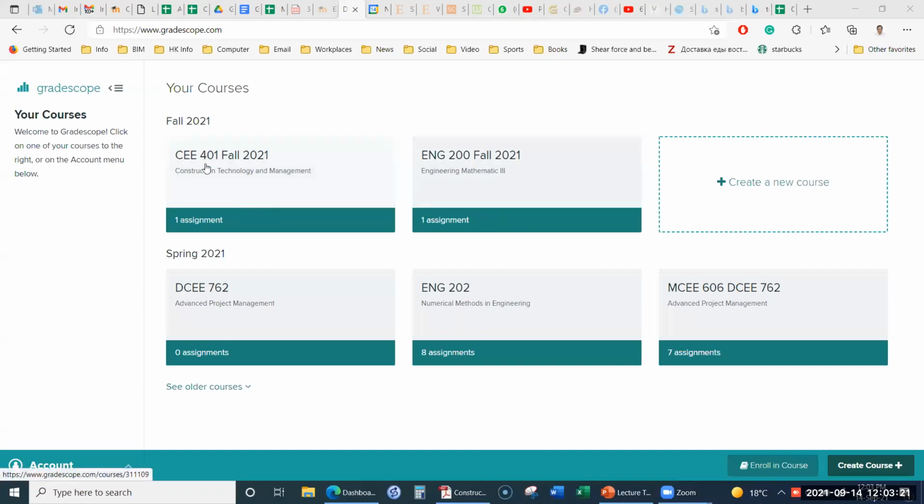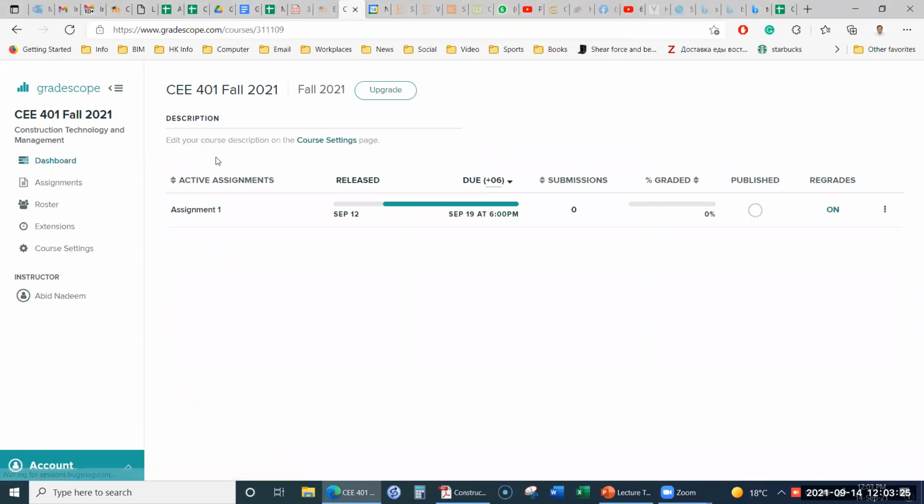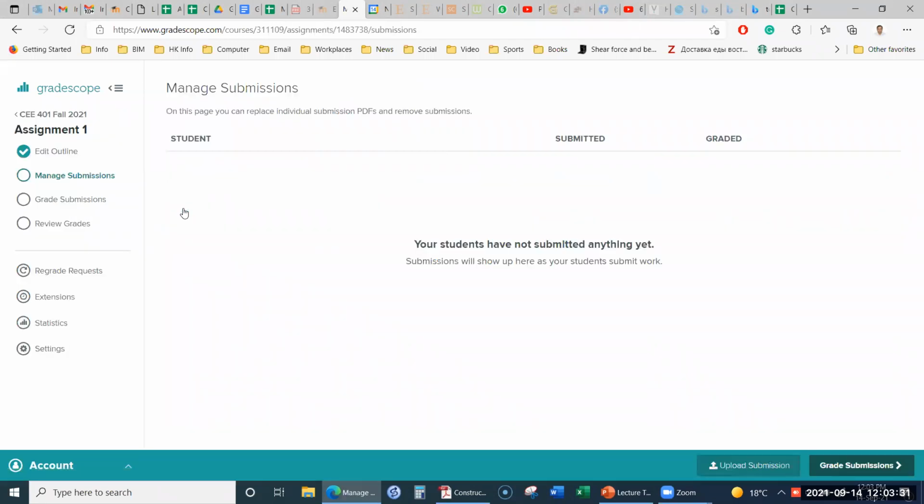If this is the Gradescope system, you will go to your page, and here you will have this link for assignment 1. Then at the bottom you will have this upload submission button.